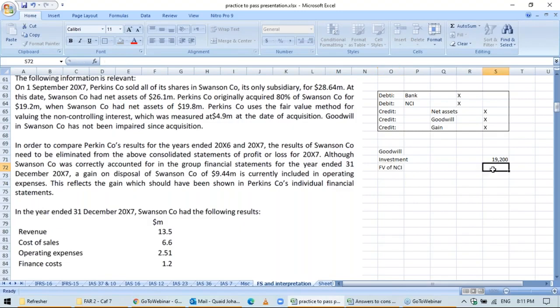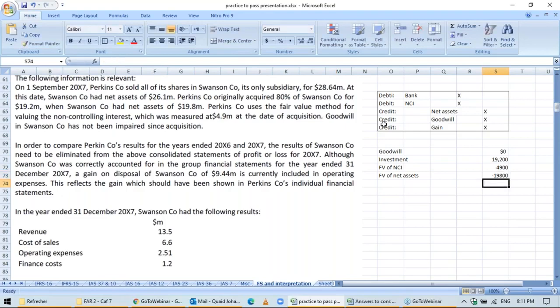The fair value of NCI given at the time of acquisition was 4.9 million. This is all dollars in thousands. And then I will deduct the fair value of net assets in order to arrive at the goodwill. The fair value of net assets given in the question on acquisition were 19,800.